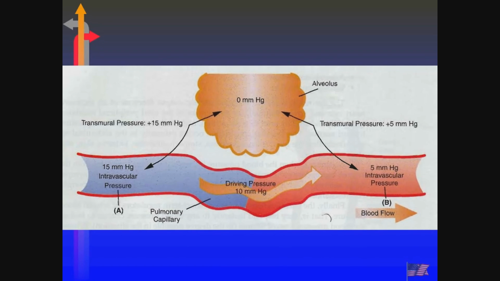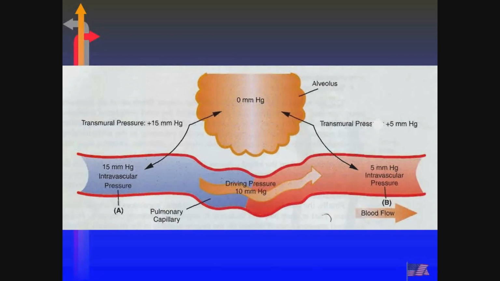What is the transmural pressure on that then? The difference between what is in the pulmonary capillary and what is in the alveolus. It's something external to the vessel itself. Plus 15 on that side and inside would be equal.